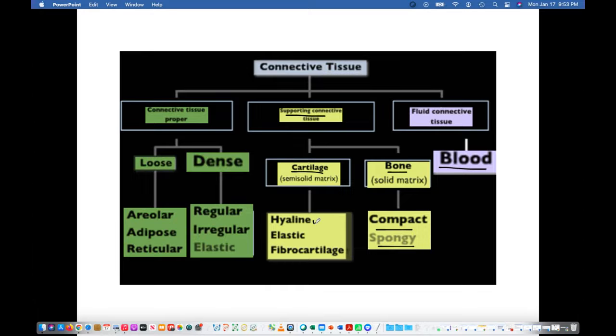And under cartilage, we had hyaline cartilage, elastic, and fibro. Under connective tissue proper, it was both loose and dense. Loose was made up of areolar, fat, and reticular, and dense was regular, irregular, and elastic. Remember, regular would be like tendons and ligaments, and irregular was the dermis of the skin.